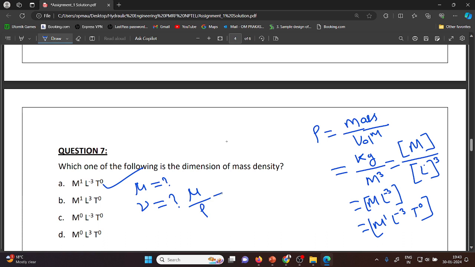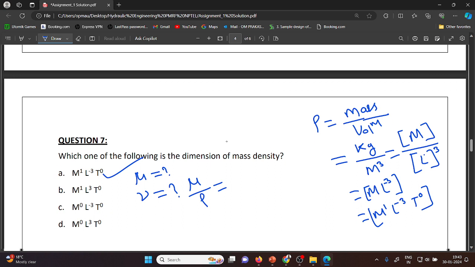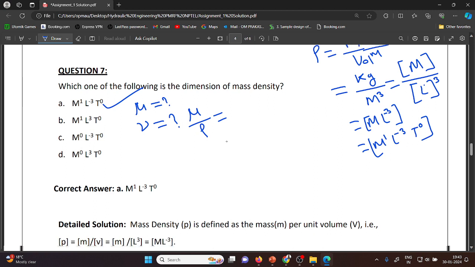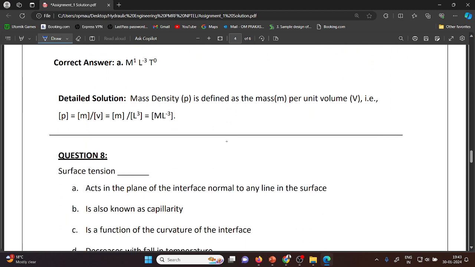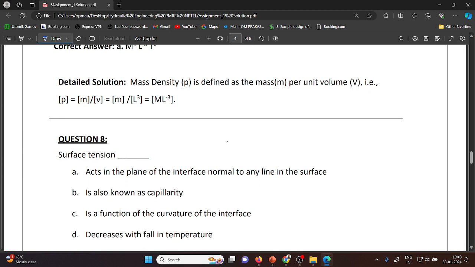Good. So what are your dimensions? Please try to solve. Let me move ahead to the next question. Please solve and tell me, because it's a kind of practice. Maybe in the coming assignment you will see this type of question also. Surface tension.